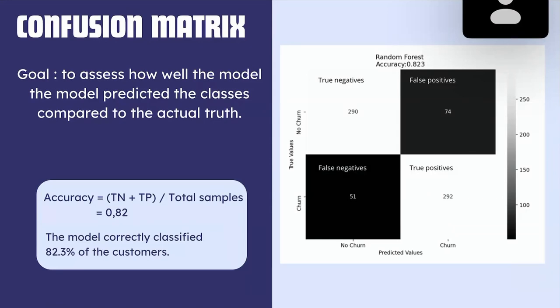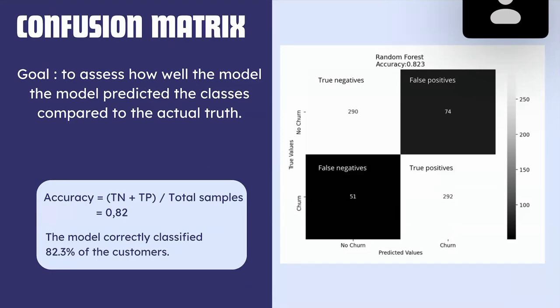This enables the company to proactively target these customers with retention strategies such as personalized offers. And the high true negative rate indicates that the model can effectively identify customers who will not churn and are, let's say, loyal. Therefore, it ensures that the company does not unnecessarily spend resources on customers who are likely to remain loyal.